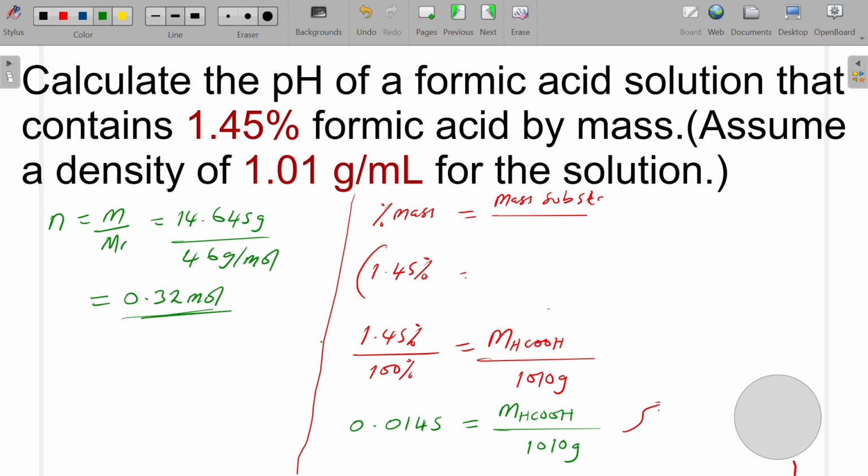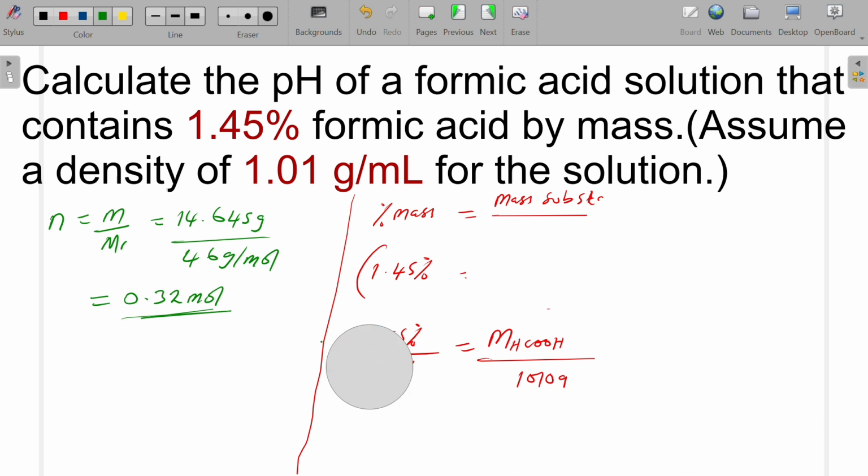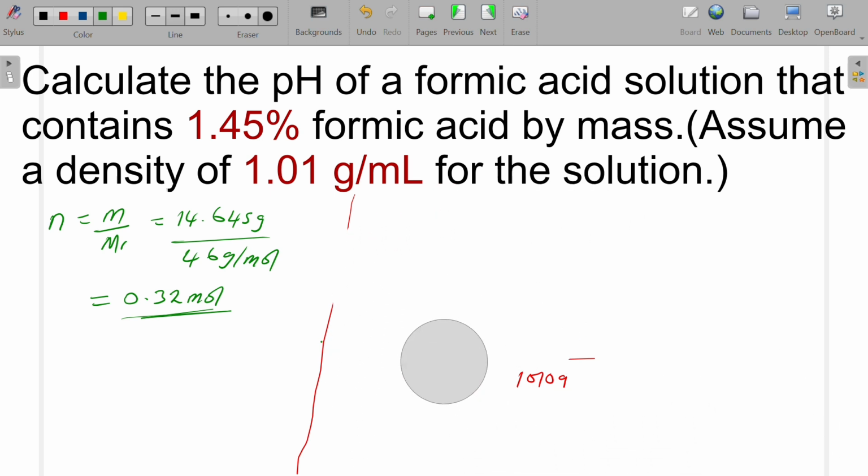Now that we have our number of moles, we can go ahead and find our concentration. The concentration will be equal to the number of moles over the volume in liters.